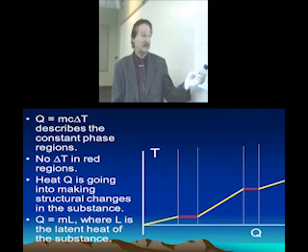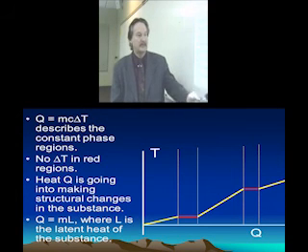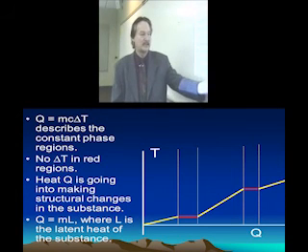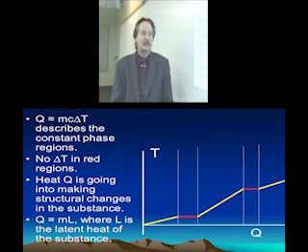If you think about it, if the question were asked, if I had a kilogram of water or ice here at minus 10 degrees, and you were asked, how much heat would I need to add to take that kilogram of ice all the way to the other end of this graph, which we'll say is at 110 degrees Celsius, meaning it's gas.